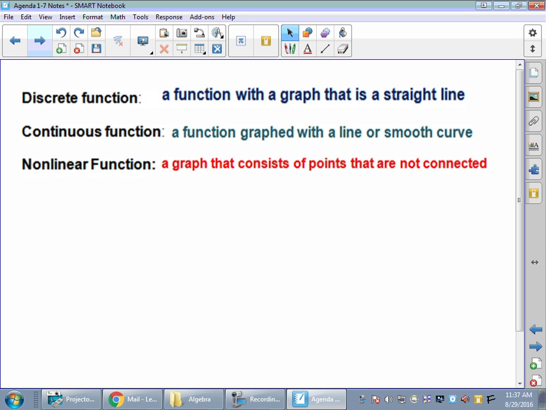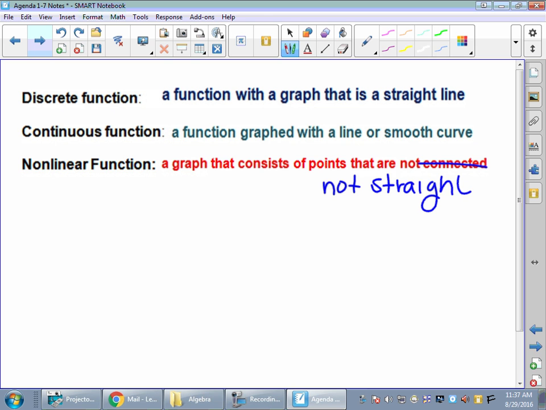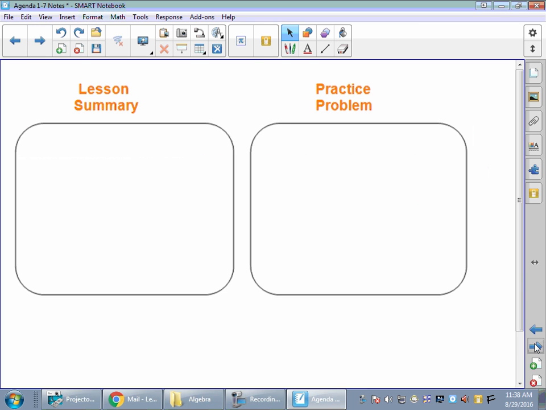You could connect them, but let's change that. Not straight. Just a little bit of terminology. Don't get too stressed about memorizing those, as long as you kind of have an idea that it's just about what the graphs look like.